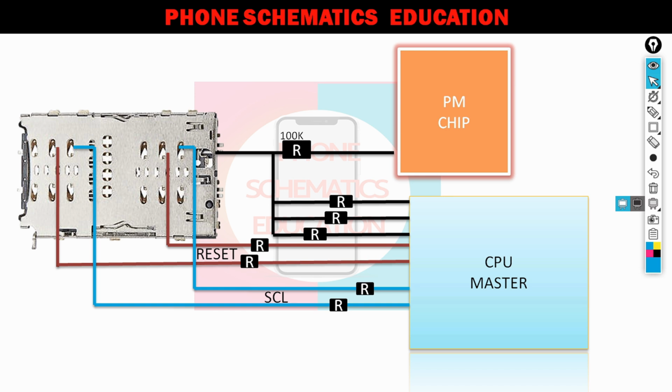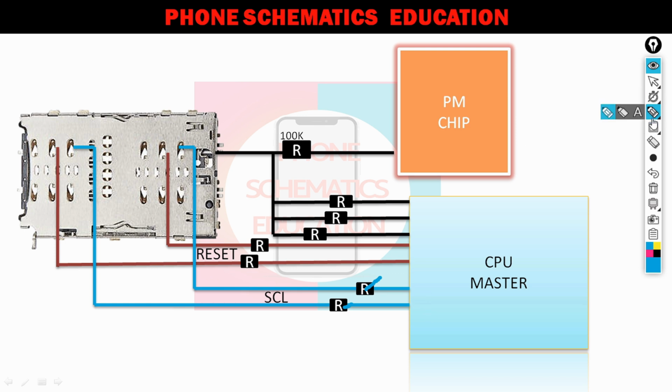So for the services, for the data transmission, read and write, receiving and transmitting, a clock is needed. Clock and data are also needed. Right? So if these two resistors are damaged or open, or this line does not connect to the CPU, your SIM does not work.